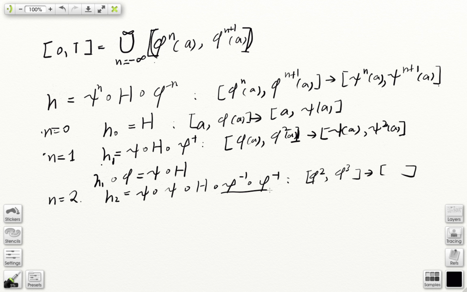If we move these back to the left, we have h2 compose phi equals psi compose h1.